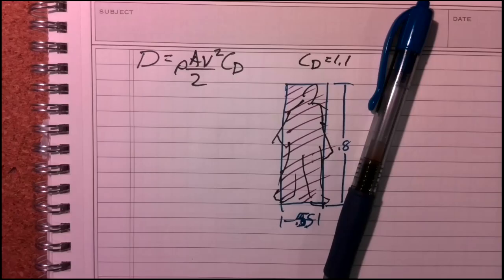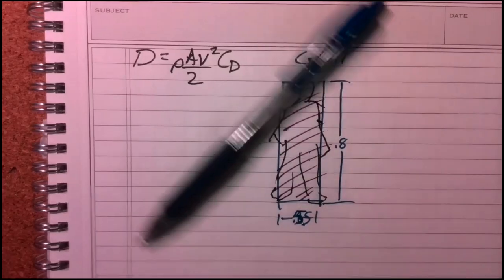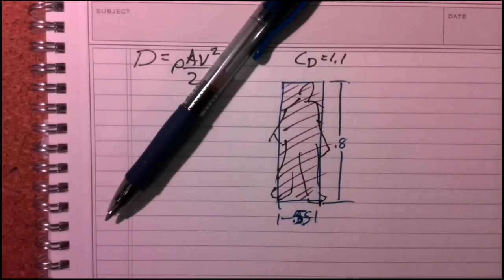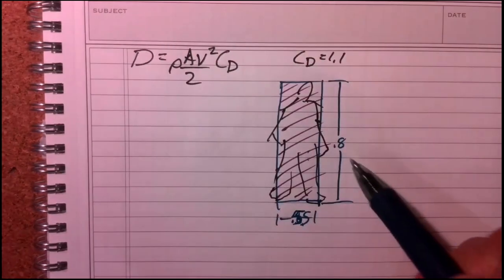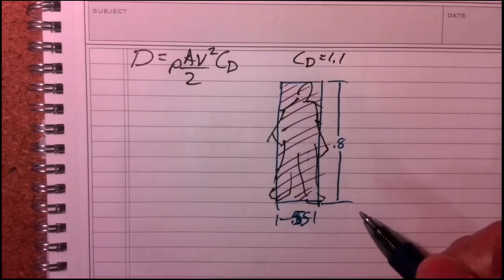Now I need to get my height in meters. I overestimated. I'm not 0.8 meters. Oh my gosh, that would be like a Hobbit. I'm Bilbo Baggins, 0.8 meters.